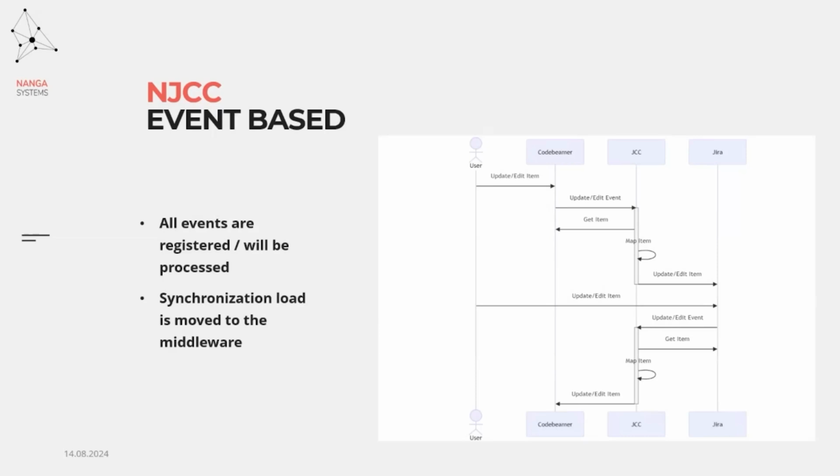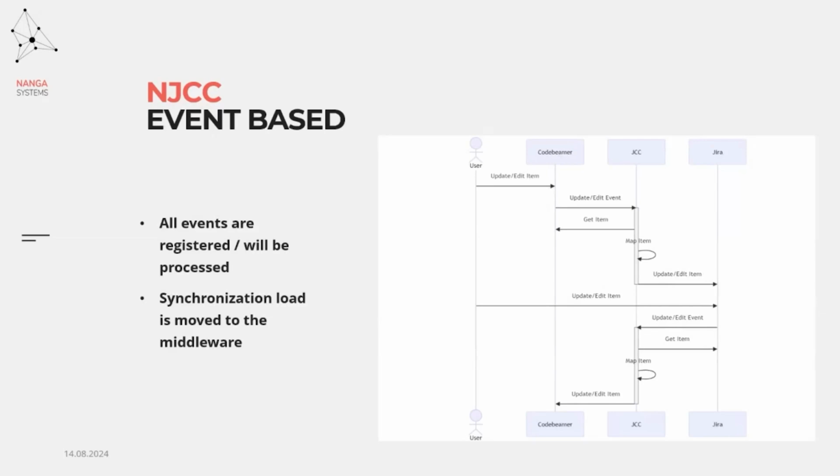So the middleware requests the item from Codebeamer, and then some mapping or transformation is done, and then the update event on the Jira side will be executed. And if a second event comes directly after the first one, both are registered in the middleware, so no events are lost.